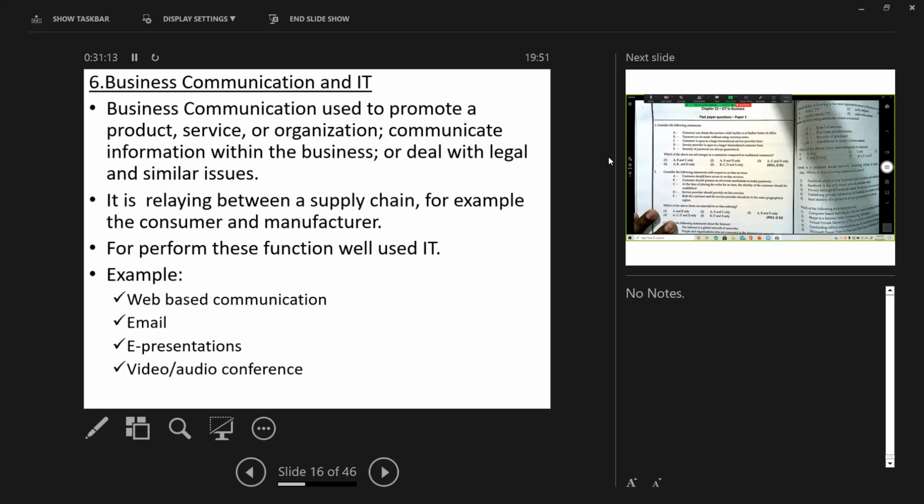The relationship in the supply chain, for example, between consumers and manufacturers, needs good communication between the customer and the service provider. Examples: web-based communication, emails, e-presentations, video and audio conferences.